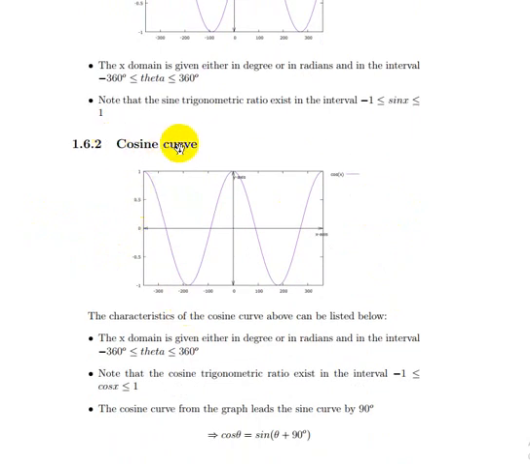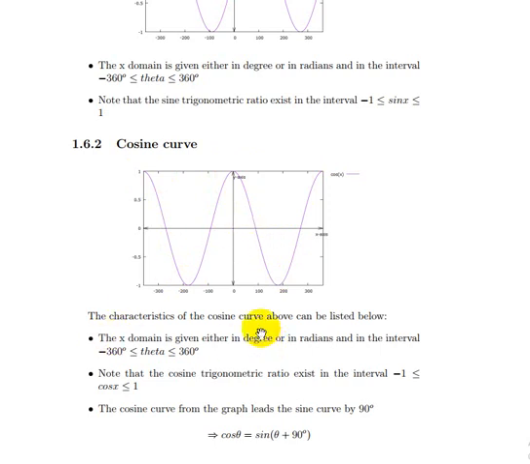Now come back to the cosine curve. The cosine curve is drawn as such. So from here we already see cos 0 to be equals to 1, and we see cos 90 to be equals to 0.